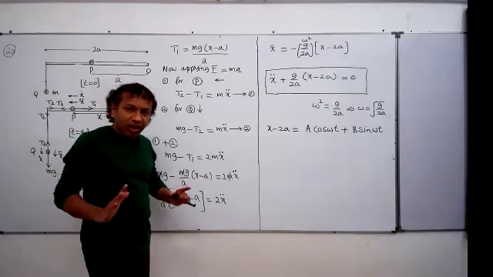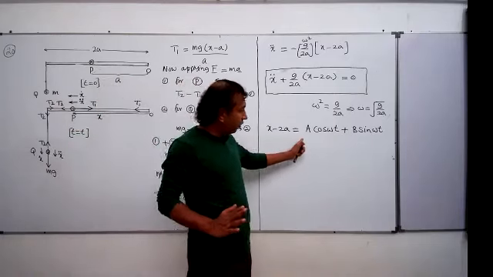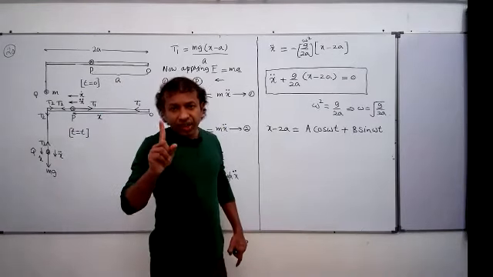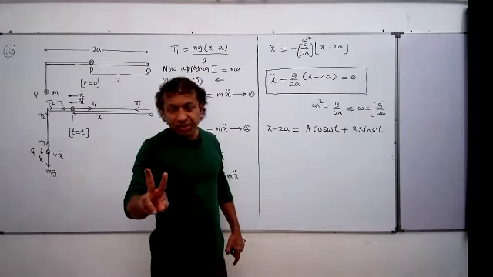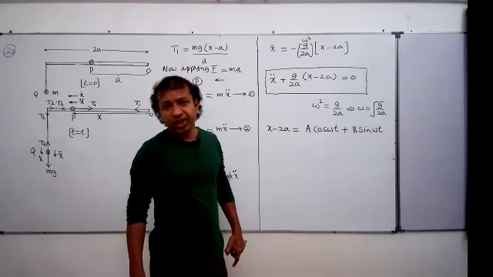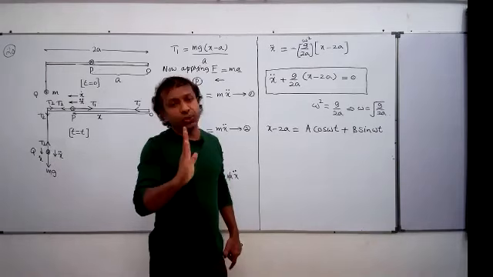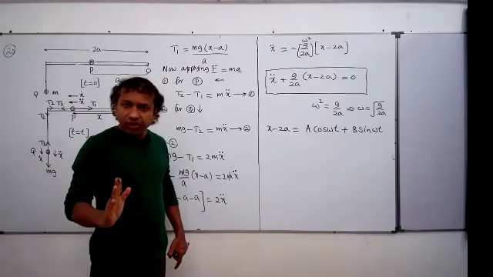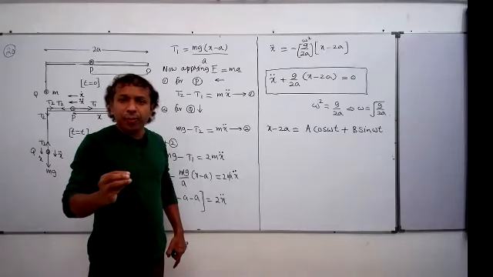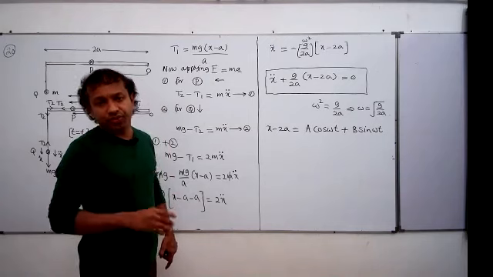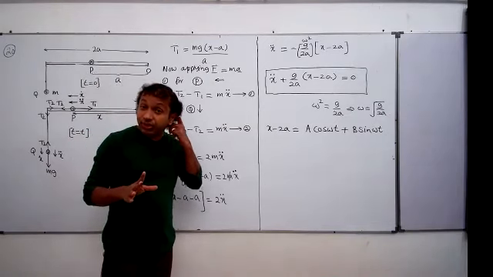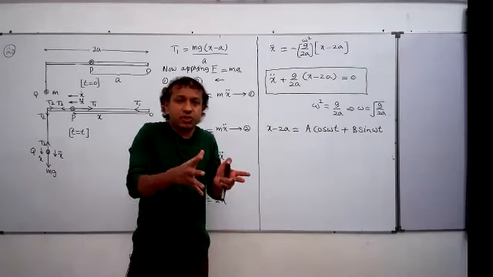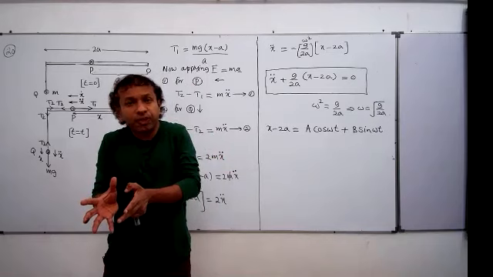Always, after getting this kind of equation, definitely there are two constants to find. Whenever you find these two constants, people, we use what? At t equals 0. At t equals 0 means, people, when the system begins the simple harmonic motion. Remember, people, there are some questions where soon after releasing, the system does not enter into simple harmonic motion.